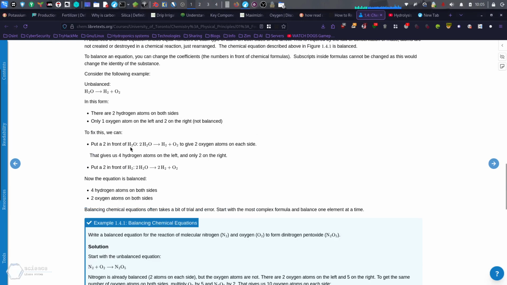Put the 2 in front of the water molecule. 2 water molecules produce hydrogen 2, hydrogen 4, oxygen 2, to give 2 oxygen atoms on each side. That gives us 4 hydrogen atoms on the left and only 2 on the right. But add 2 in front of hydrogen 2, like that.